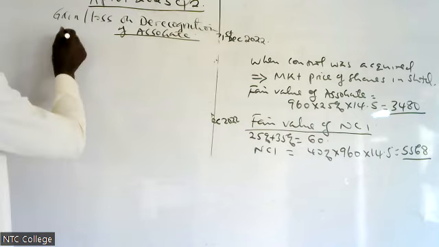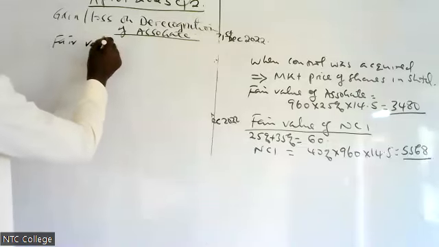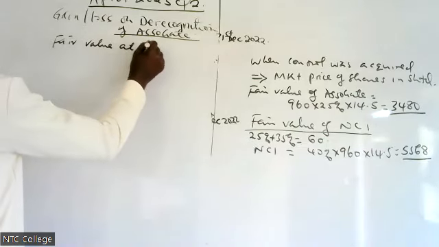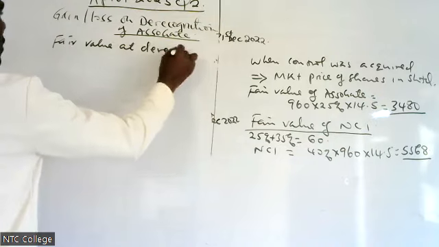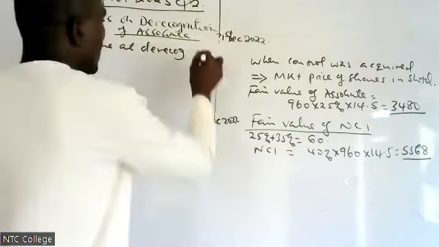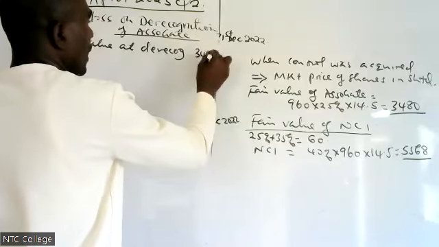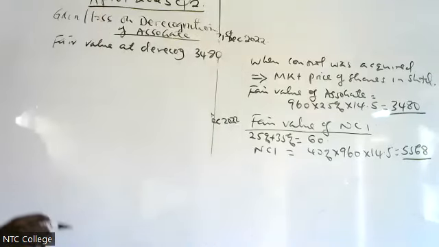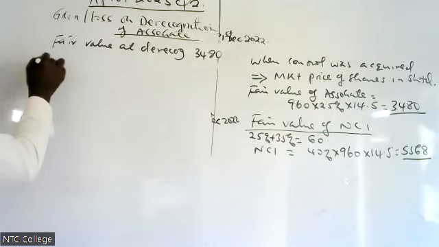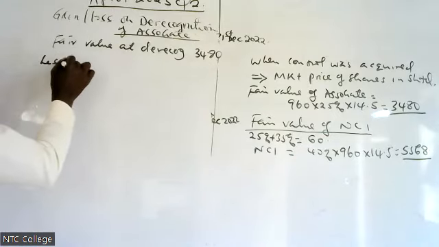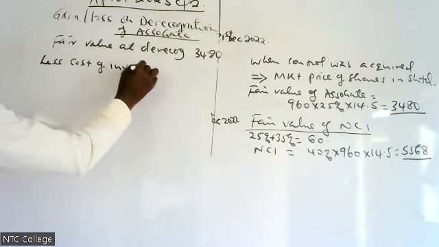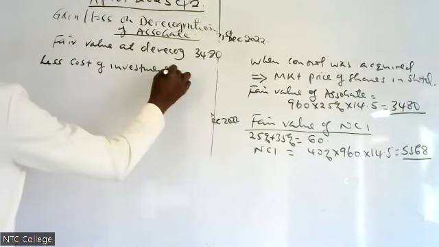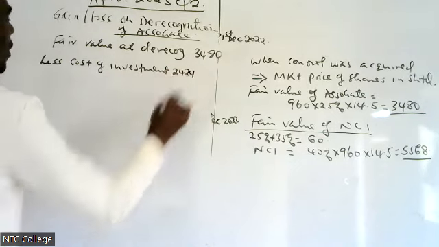Here, you take the fair value at the recognition, which is 3480. Then I come to less cost of investment. Cost of investment was 24.